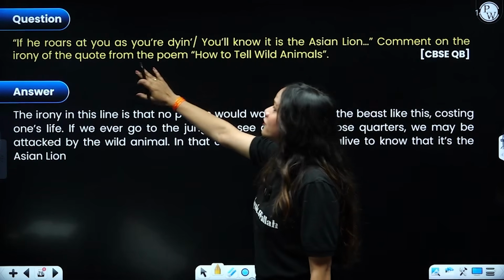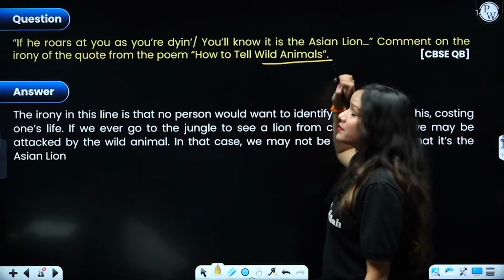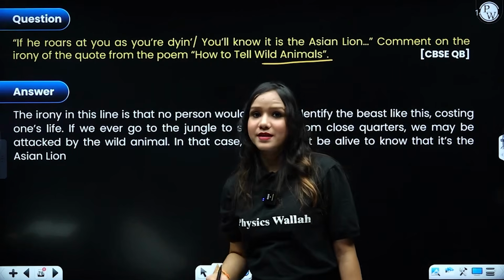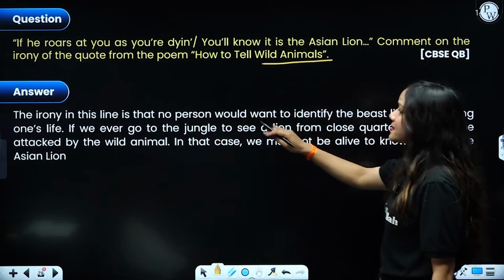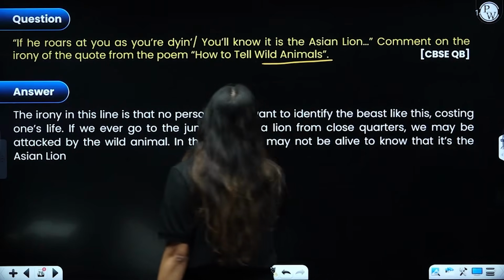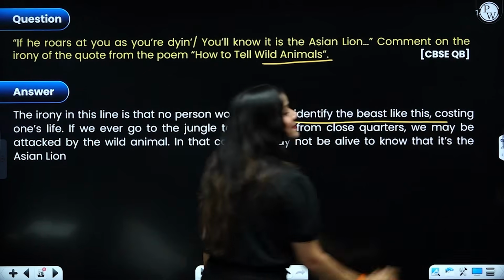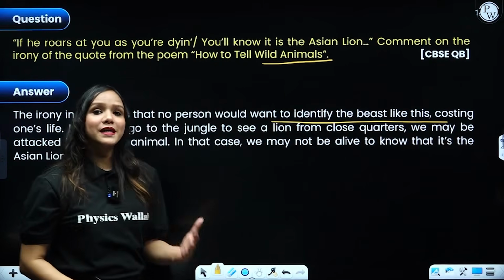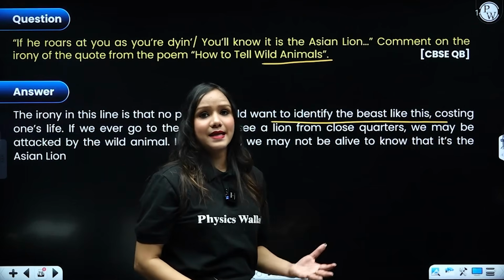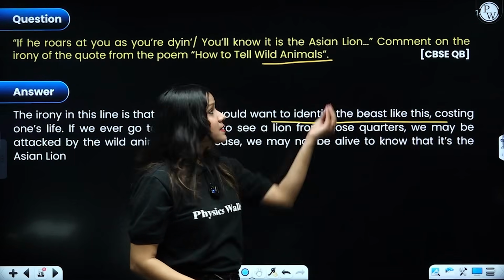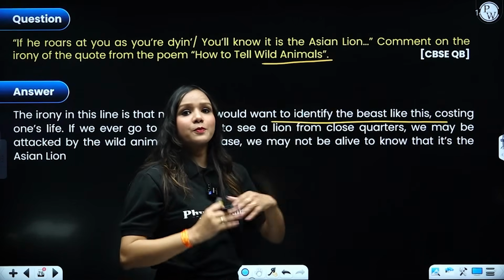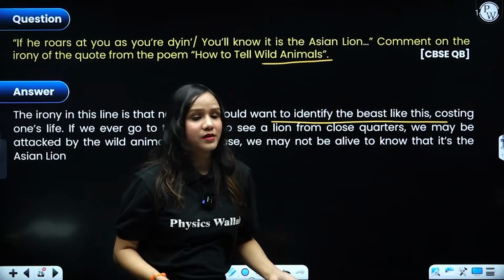Comment on the irony of the quote of the poem How to Tell Wild Animals by Caroline Wells. Remember the name? The irony in the lesson is that no person would want to identify the beast like this, because you will not keep your life at stake just to know whether the animal is actually an Asian lion. Nobody is going to do that, right?